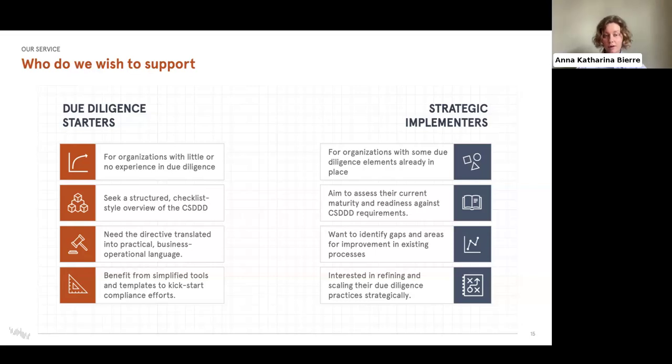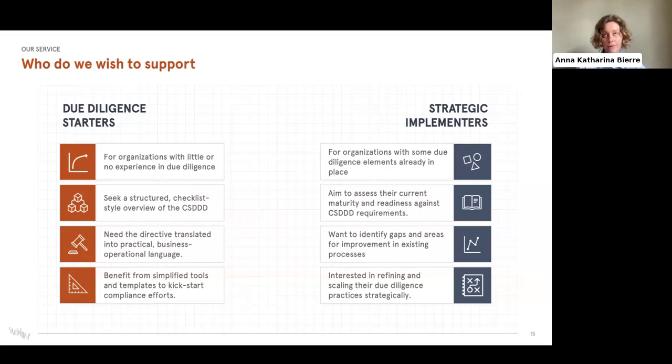And what we see is that there are overall 2 groups or types of companies that we can help with this service. There are the due diligence starters and the strategic implementers, or maybe some companies that find themselves somewhere in between. If we start with the due diligence starters, these are organizations with little or no experience in due diligence.